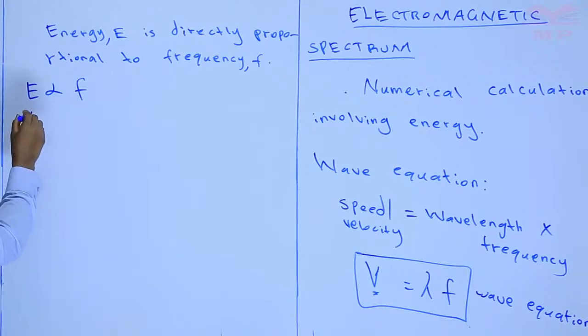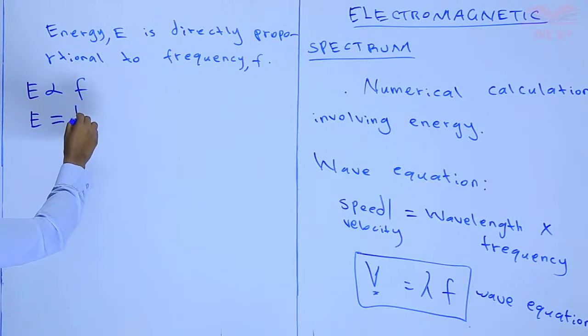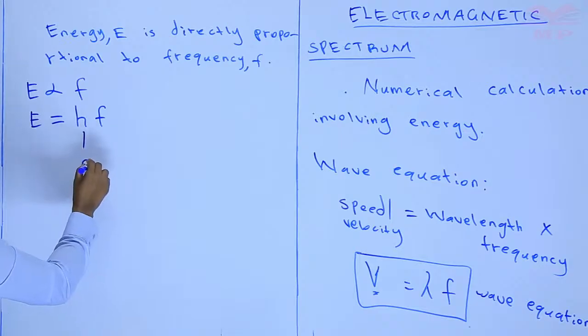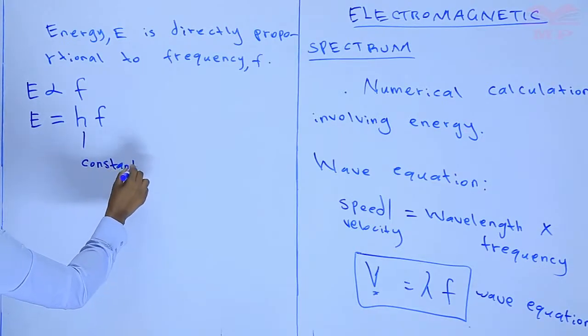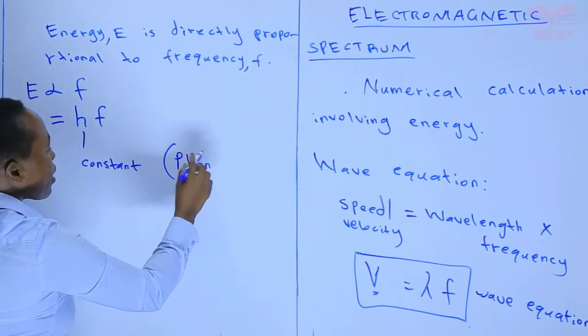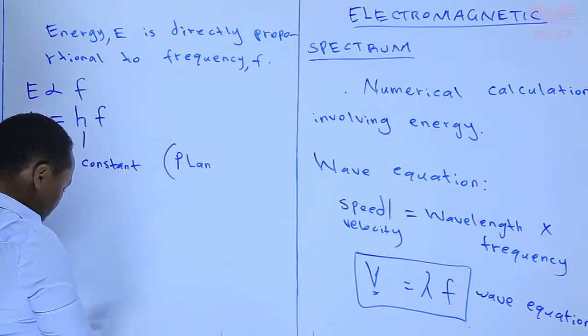So we are going to have E is equal to a constant, which is represented using letter H, and then our frequency. And this H, which is our constant, is simply referred to as the Planck's constant.